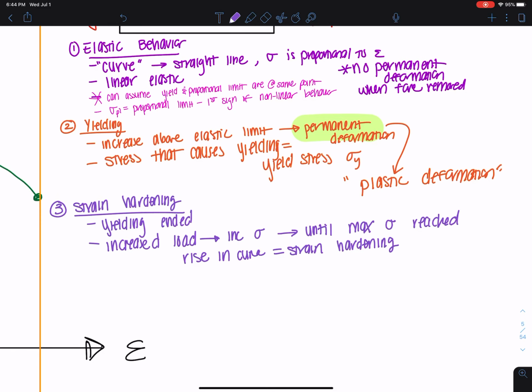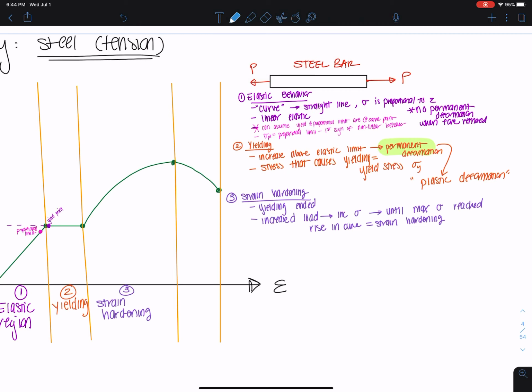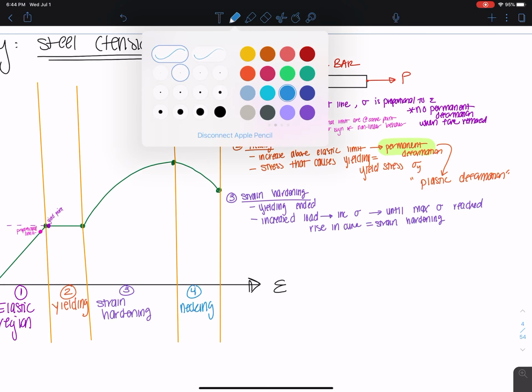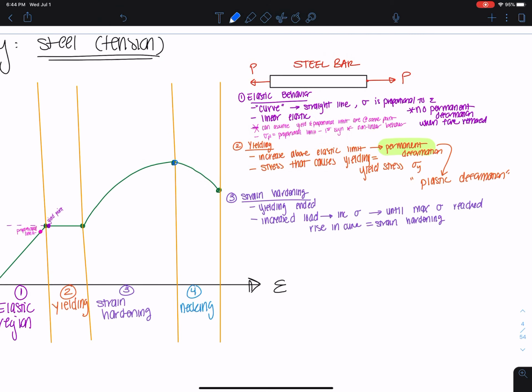All right. The last portion we have is called necking. Okay, oh, and also I should point here that we call this the ultimate stress, sigma U. This is the max stress that we'll ever see, okay? And in necking, we call this our failure stress.